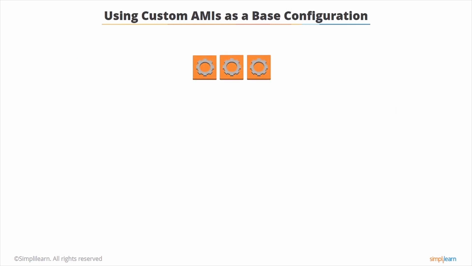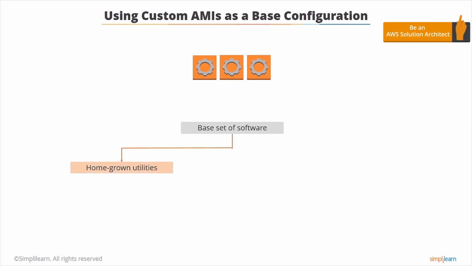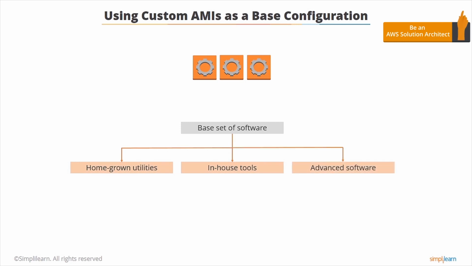Your organization may have decided that it wants a base set of software included on all instances launched within its cloud. This may include homegrown utilities, in-house tools for using AWS services, and advanced software for enterprise-scale activities, such as monitoring and intrusion detection, among other possibilities.